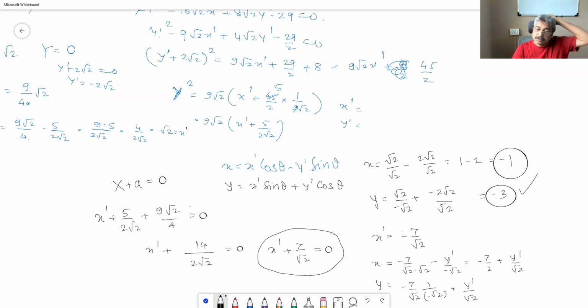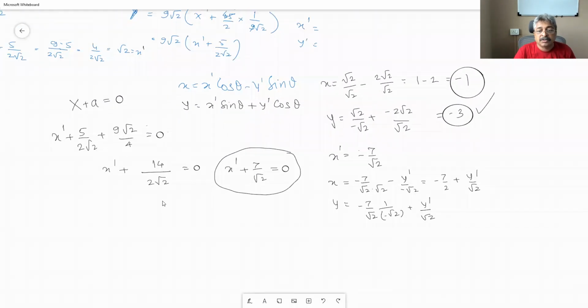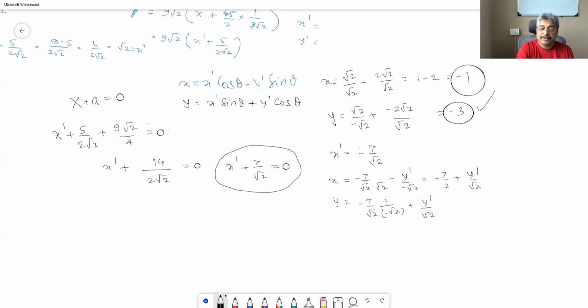Correct? So now we have these two equations and we should get relationship between x and y after eliminating the y dash.